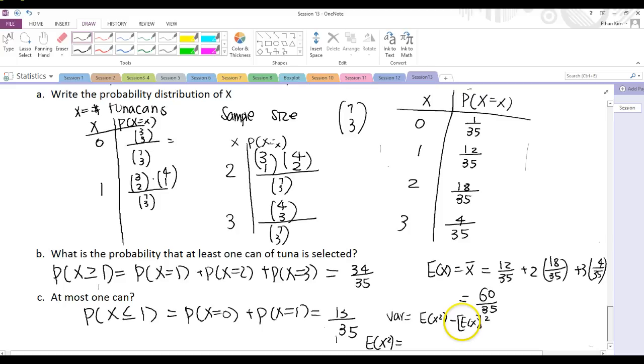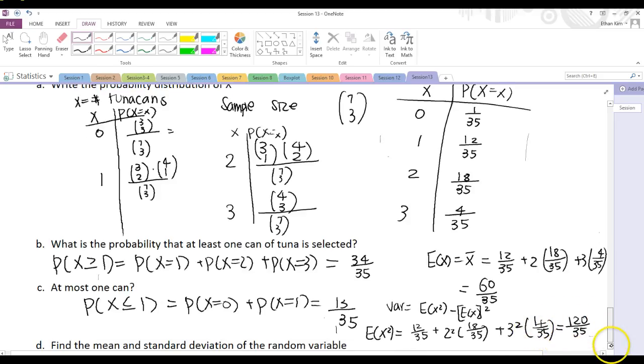We're going to do the same. 0 squared is always 0, so we're going to skip that. 1 squared times 12 over 35 plus 2 squared times 18 over 35 plus 3 squared times 4 over 35, and that comes out to be 120 over 35.